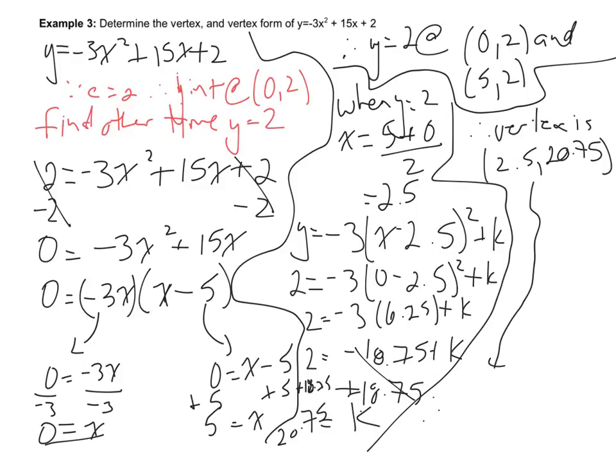And so therefore, y equals -3 times (x minus 2.5) squared plus 20.75. Sorry about that, but there we go. That's a quick summary of how to use partial factoring to go from standard form to vertex form.